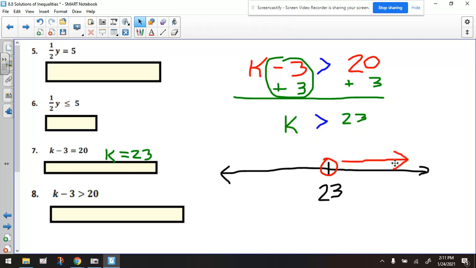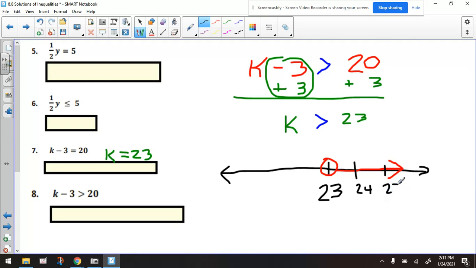So we're going to be shading in this direction, which means that numbers like 24, 25, etc., would all be part of the solution set, where numbers like 22, 21, anything to the left would not be solutions to this set.